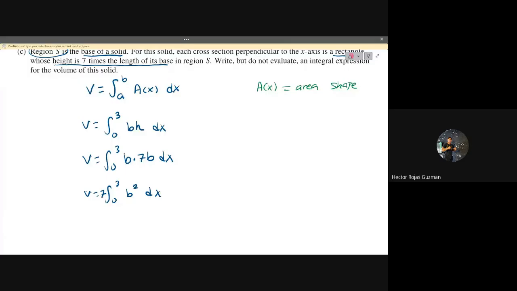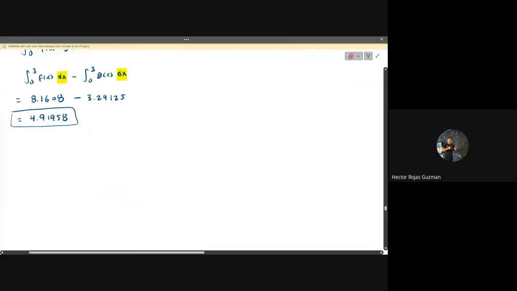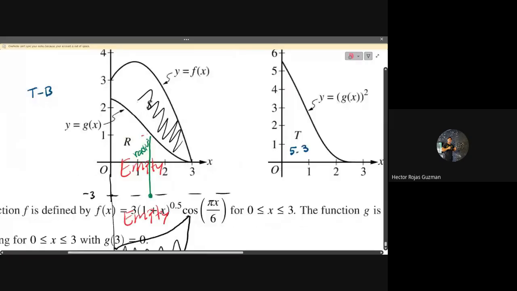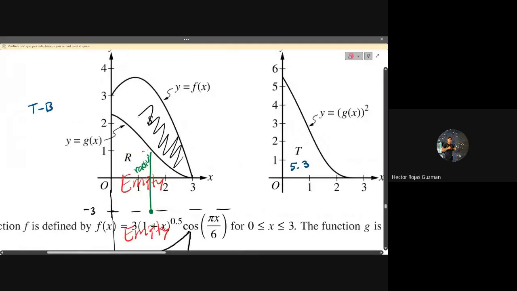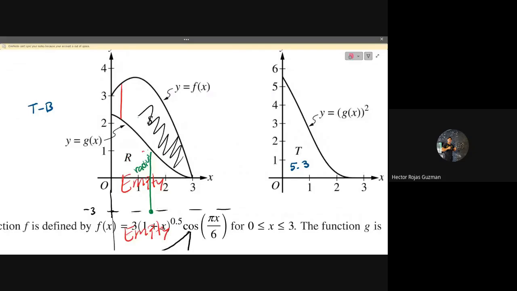Let me go back to the graph. Region S, this could be the base of the rectangle at that moment in time. This other line could be the base of the rectangle. How can you define that length? Top minus bottom.